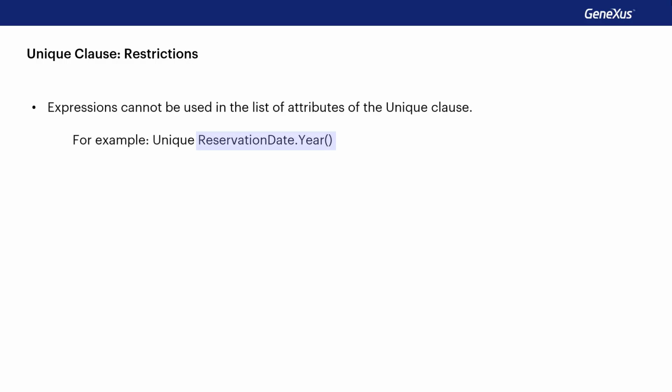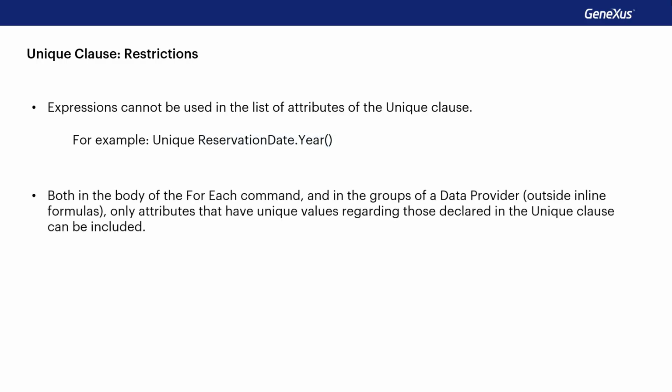Finally, let's look at the restrictions on the use of the unique clause. It's not possible to use expressions in the list of attributes declared in the unique clause. Both in the body of the for each command and in the groups of a data provider, outside of inline formulas, only attributes that have unique values regarding those declared in the unique clause can be included.